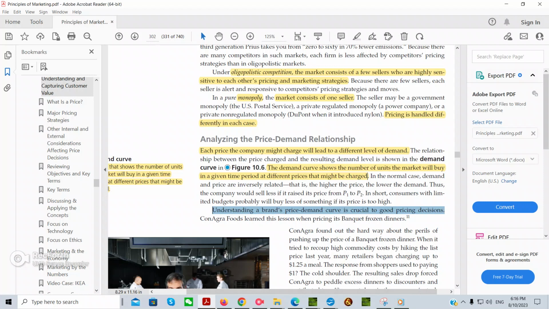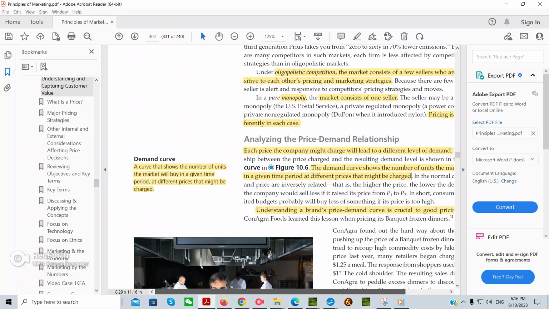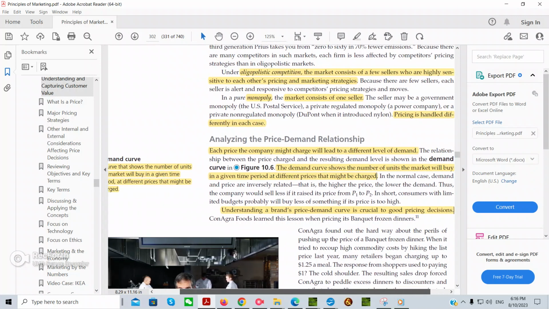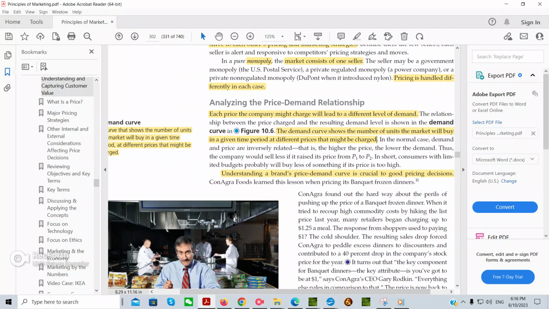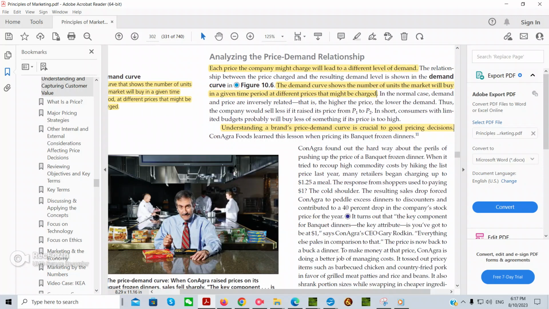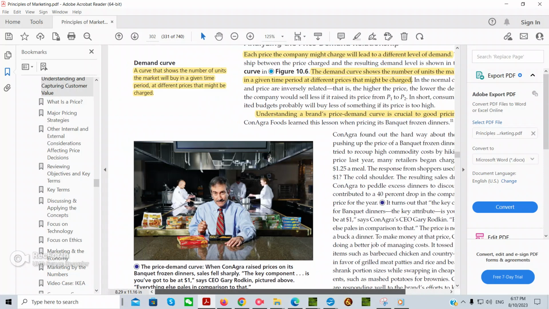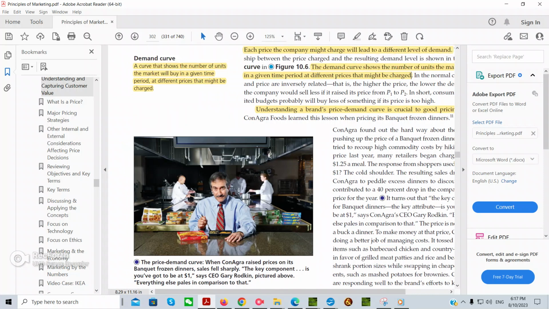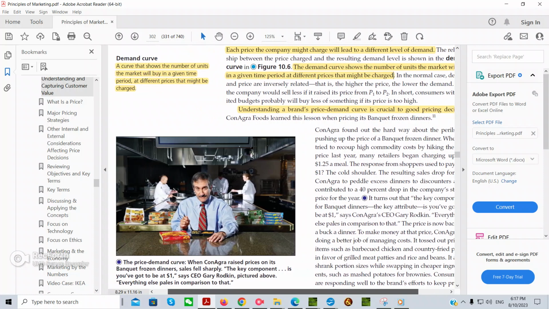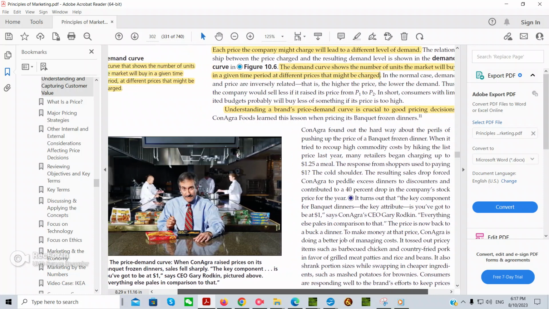Understanding a brand's price-demand curve is crucial to good pricing decisions. Why? Because we want to say, for this price, how many customers can we get? And for that price, how many can we get? Based on the percentage of people, we learn who the types of people are who can buy it, and then we can tailor our marketing messages to those types of people.